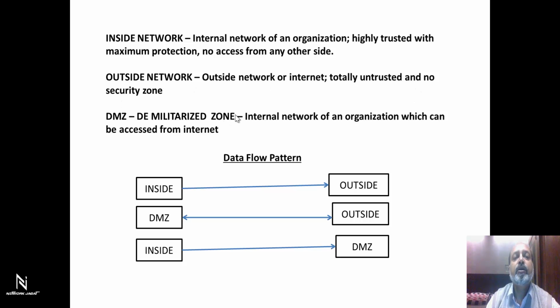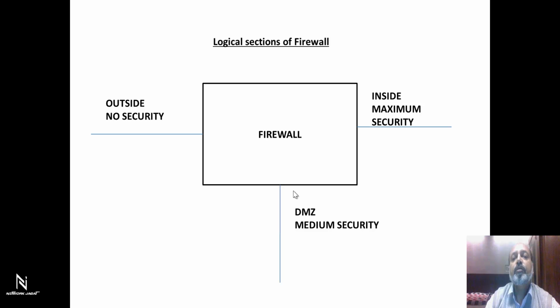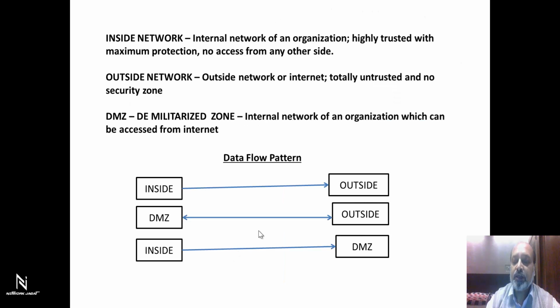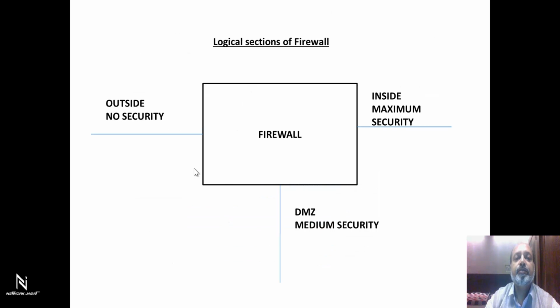And the DMZ, or demilitarized zone, is definitely an internal network of an organization, because don't consider this to be an outside network, right? If you consider the company network perimeter, the organization perimeter will be something like this, where I am drawing with the mouse.